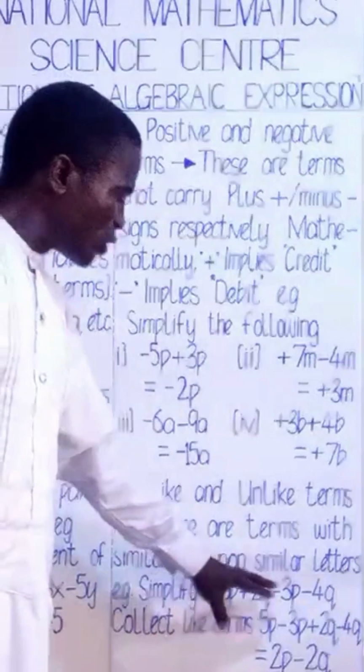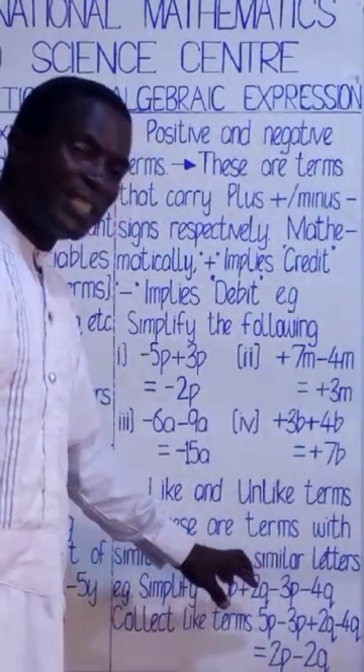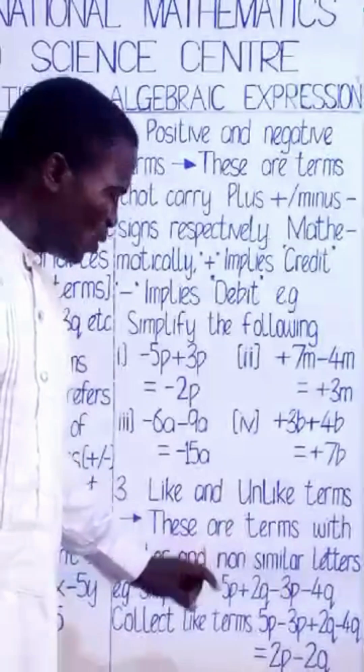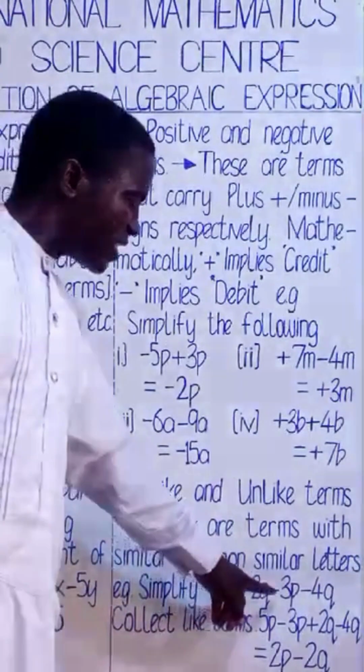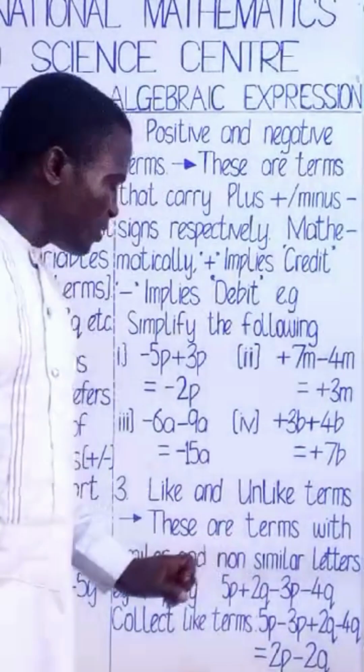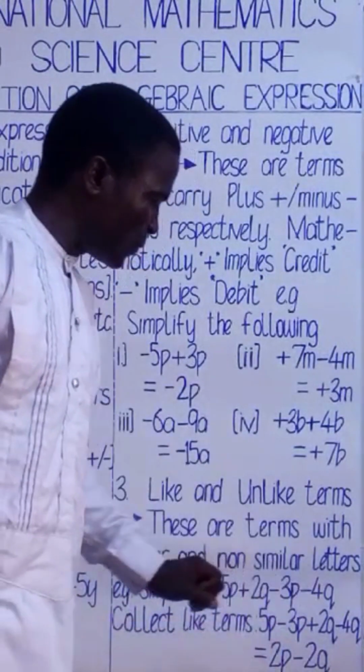If you observe this question, it comprises both like and unlike terms. Look at it: 5p is like minus 3p, then plus 2q is like minus 4q.